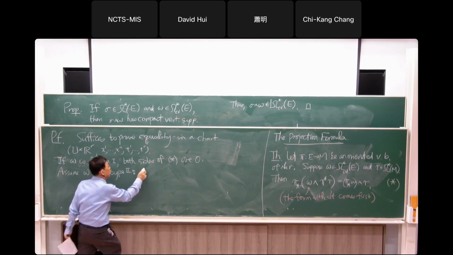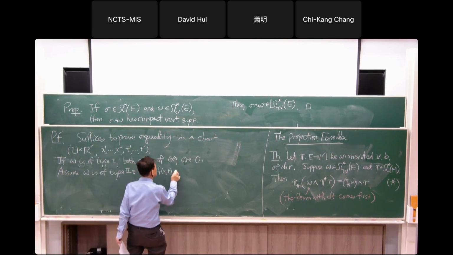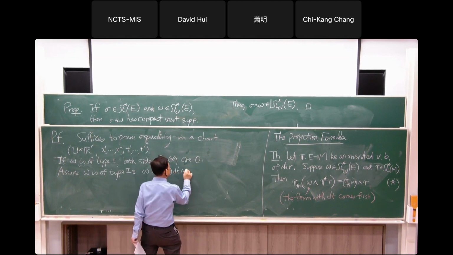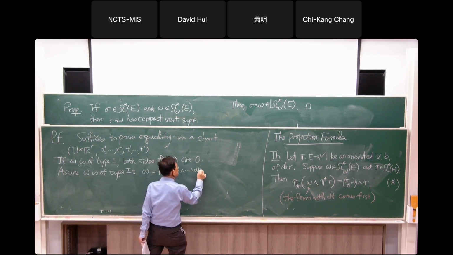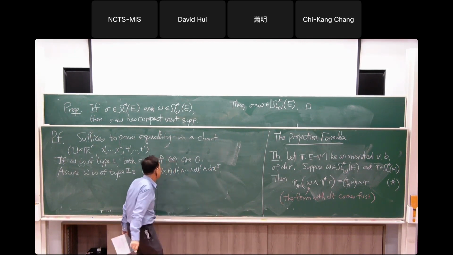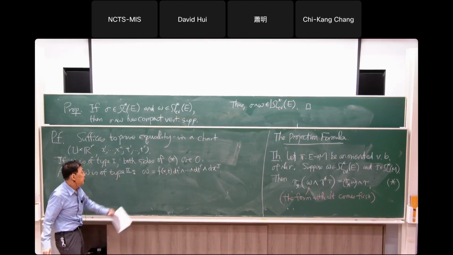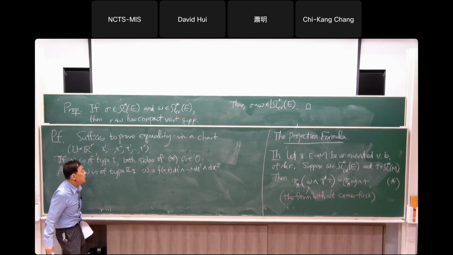That means omega is f of x,t dt1 wedge ... wedge dtr wedge dx_J. Omega is the sum of terms of this form.